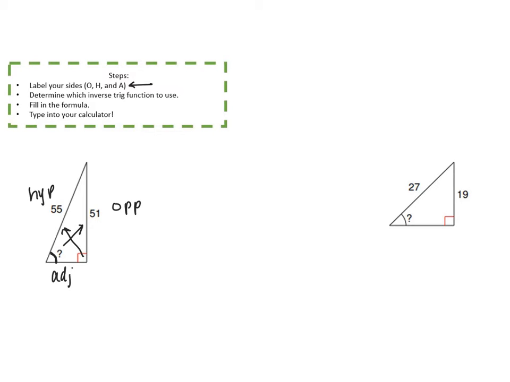Looking at this triangle, I have opposite and hypotenuse, so I'm going to be using sine inverse. Opposite comes first in my formula, so it's 51 over 55. Remember, when you type this into the calculator on Google, you're going to hit that inverse button, then click the sine inverse.